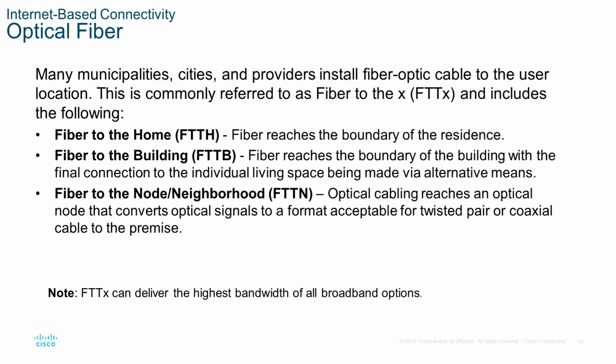Fibre to the node is where we have fibre optics running down the street, and then they would branch out from fibre optics to more traditional coax or telephone wires to connect to the houses.